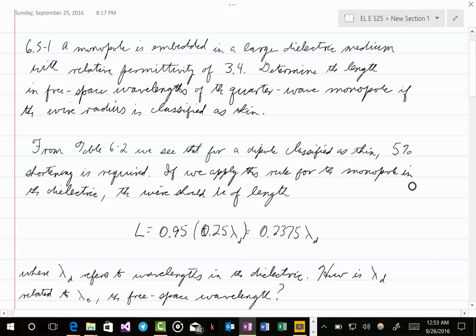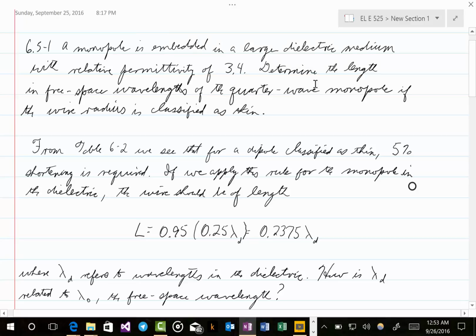So we have 0.95 times 0.25 lambda d, and so the final answer is L is equal to 0.2375 lambda d. That's the number of wavelengths in the dielectric that we want for the length of this quarter wave monopole embedded in the dielectric of relative permittivity 3.4.